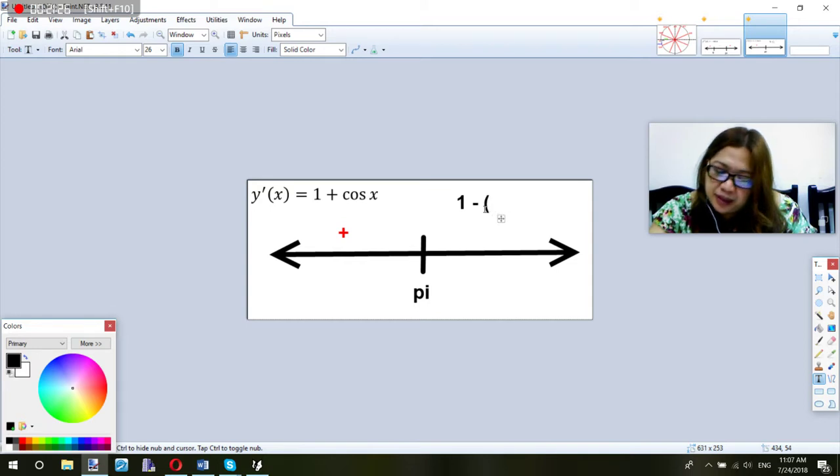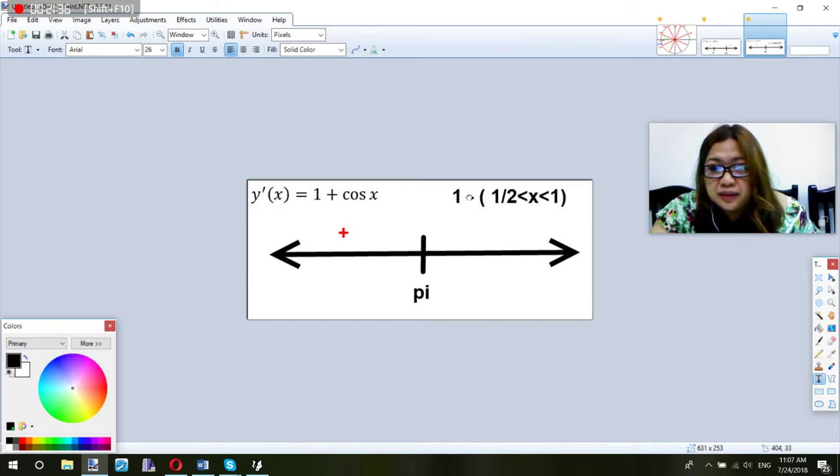If I do 1 minus 1/2, what would I get? That would be positive. And then 1 minus 1 would be 0. So I'm between a positive number and 0. So this must be positive.